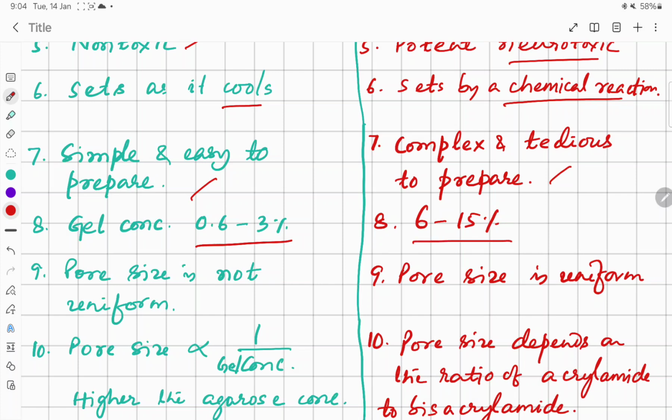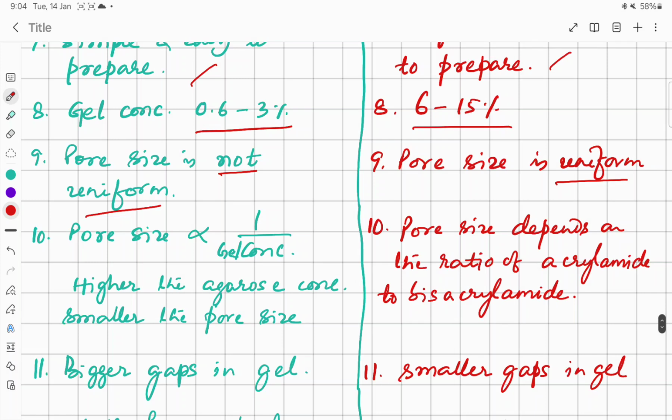The pore size in agarose gel is not uniform, whereas pore size is uniform in case of PAGE. This is the advantage of polyacrylamide gel electrophoresis over agarose. The pore size is inversely proportional to the gel concentration, that means the higher the agarose concentration, the smaller the pore size, whereas in polyacrylamide the pore size depends on the ratio of acrylamide to bis-acrylamide.